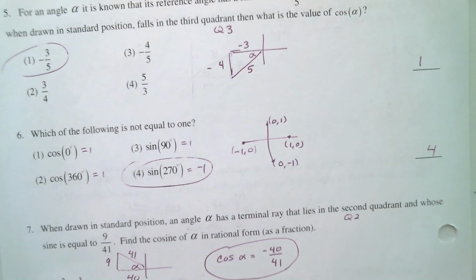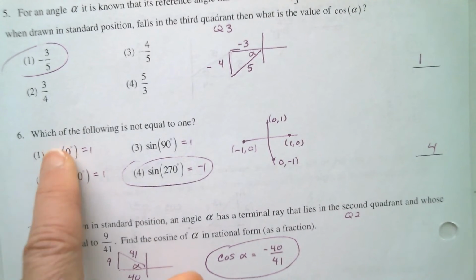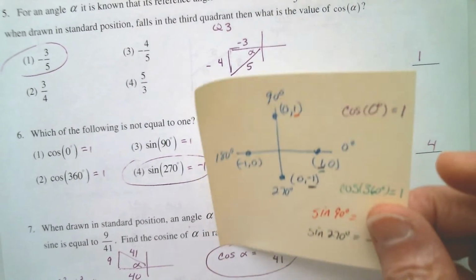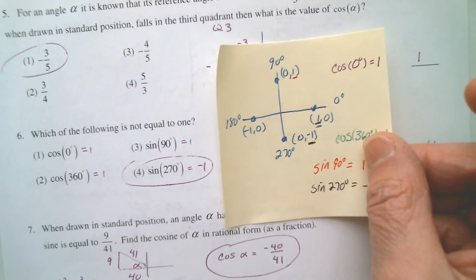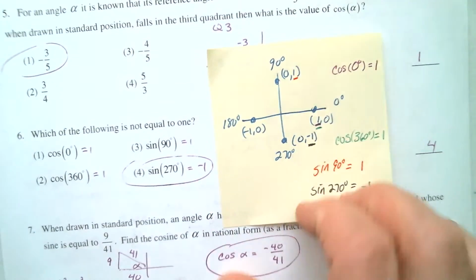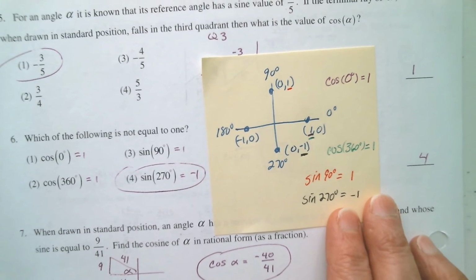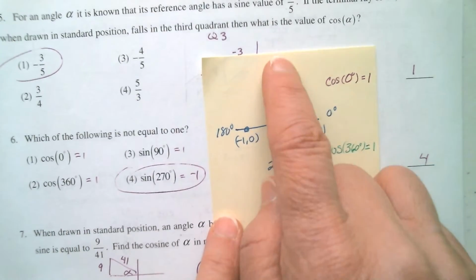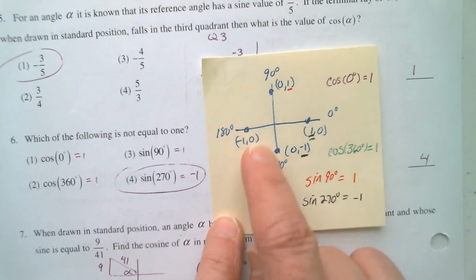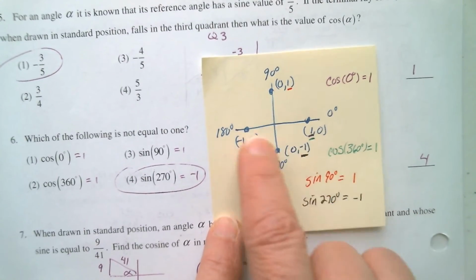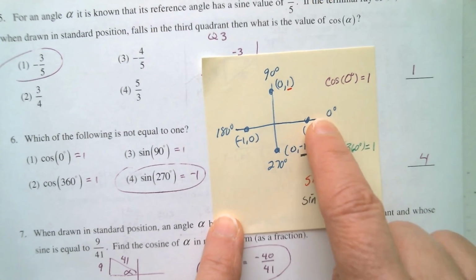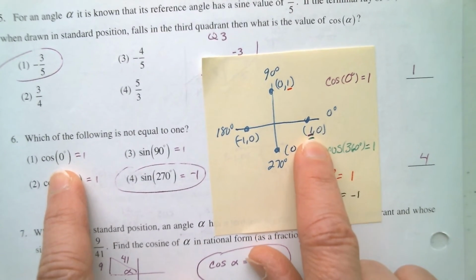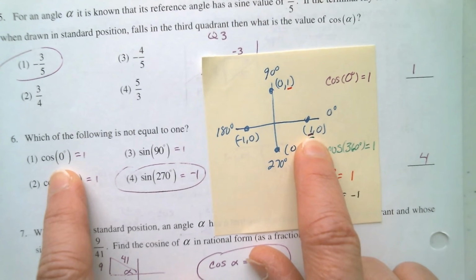For number 6, these are all quadrantal angles, right? They're all multiples of 90. So this is just probably a nicer picture. That's what I put on the post-it in color. So you want to draw just a quick sketch of your unit circle and x and y axis and then the 4 points. And then the cosine of 0 degrees, well, cosine is going to be the x-coordinate.